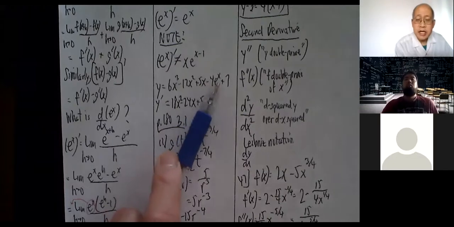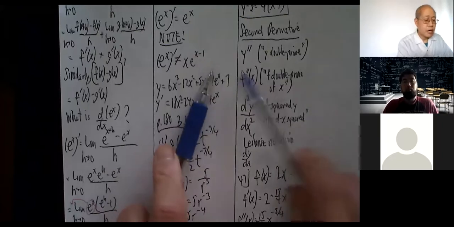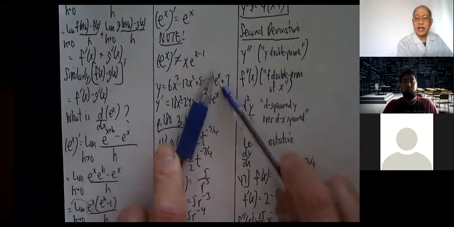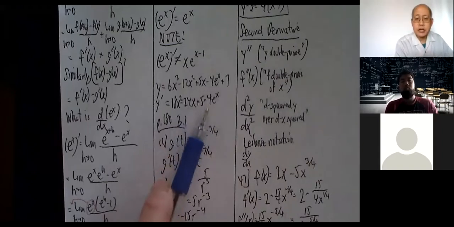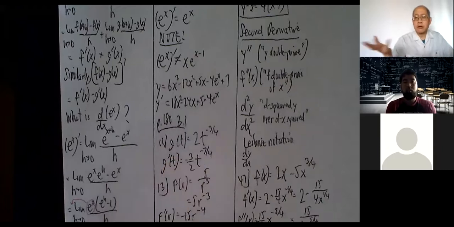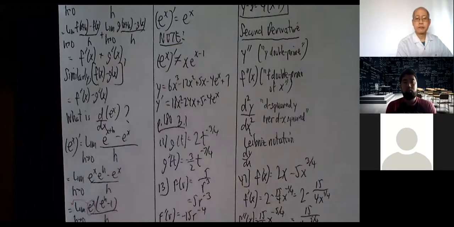It's a constant times a function, so the derivative is negative 4 times the derivative of e to the x. But now we know the derivative of e to the x is itself, which means the derivative of negative 4 e to the x is also itself. Plus the derivative of 7 is 0, but if it's plus 0, you don't write it, you just leave it. So there's the derivative. And there we go.